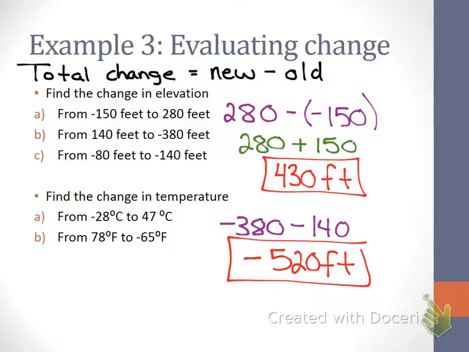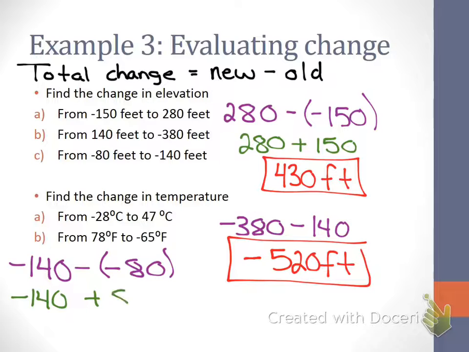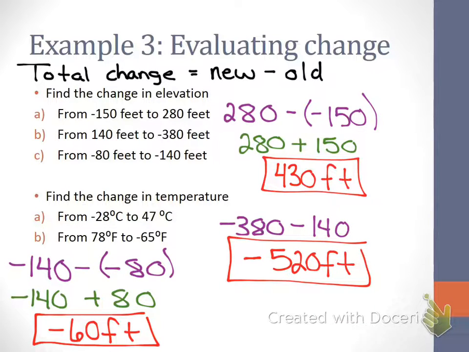Negative 140 minus, the subtraction sign's already there, negative 80. So what happens to my double negative? Changes to a positive: negative 140 plus 80. Different sign, subtract and take. What do I get? Negative 60 feet.